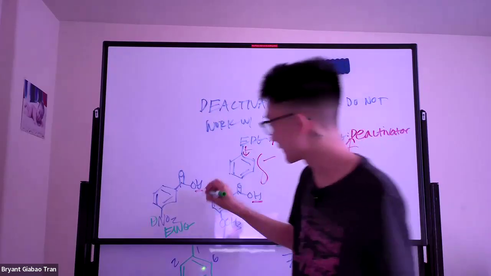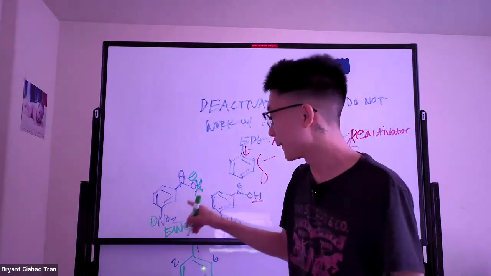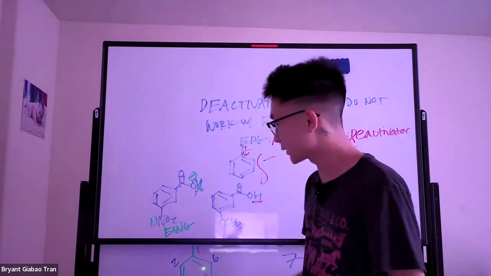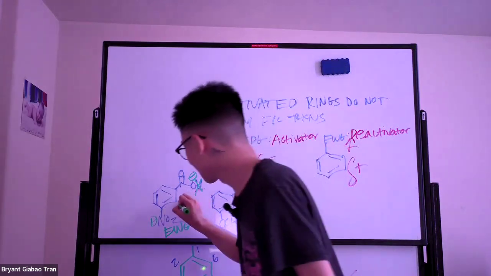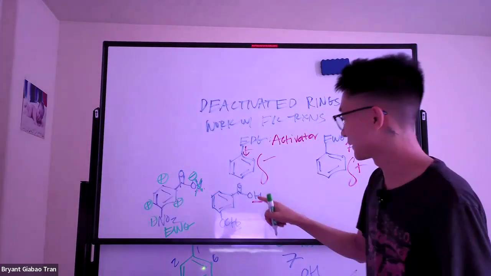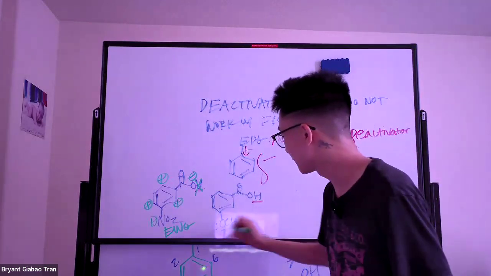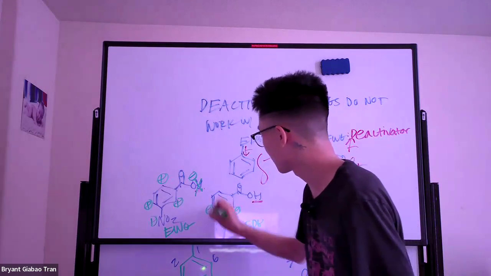Right, more acidic because when we draw out the conjugate base of this by deprotonating it and giving it a negative charge, we will have positive charges on the ortho and para positions. I meant to draw it in a different order, but it doesn't matter because this is an EDG, the OCH3, which puts negative charges on the ortho and para positions.